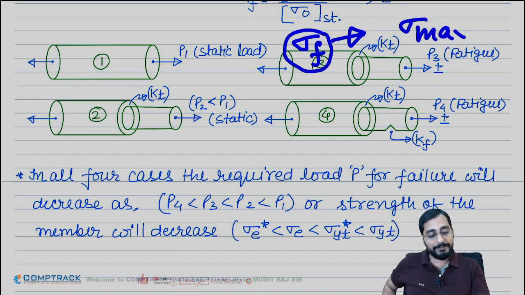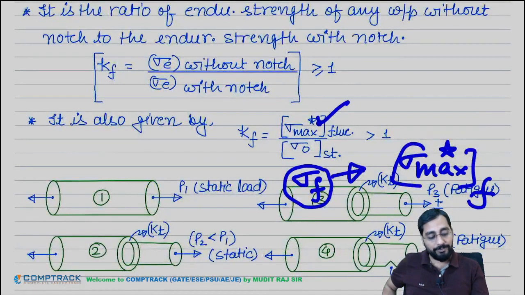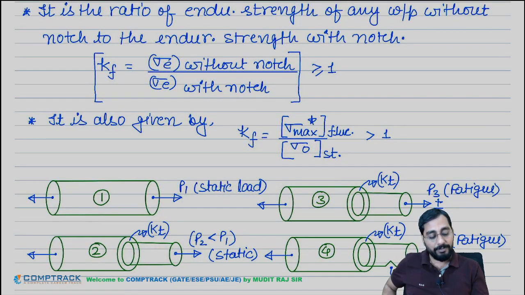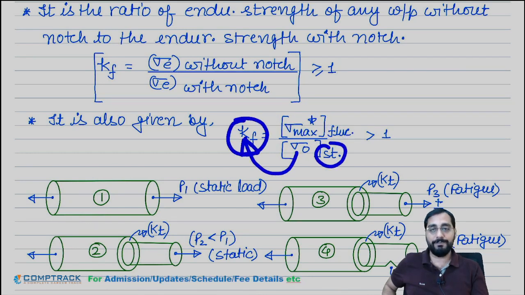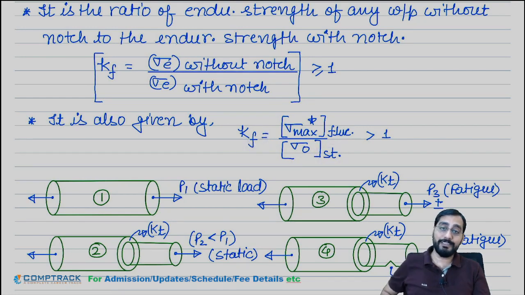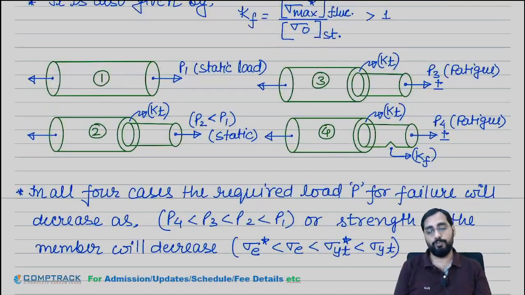Sigma max star in case of fatigue will be given by this. Sigma maximum star in case of fluctuating loading will be sigma nominal of static loading into Kf, if Kf is given to you. Got the point or not? Is it clear?